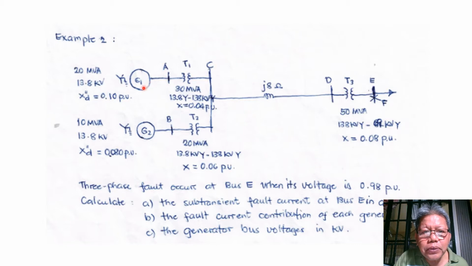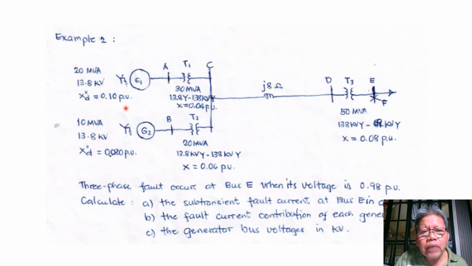So we have generator 1, which is solidly grounded, with an MVA rating of 20 and a voltage rating of 13.8 kV, and sub-transient reactance XD double prime equal to 0.10 per unit.